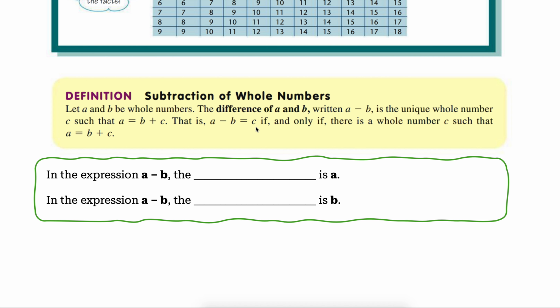Before we get into ways to describe subtraction, I want to give you a couple definitions here. When you're subtracting, you have A minus B. The first number, in this case the A, is called the minuend.